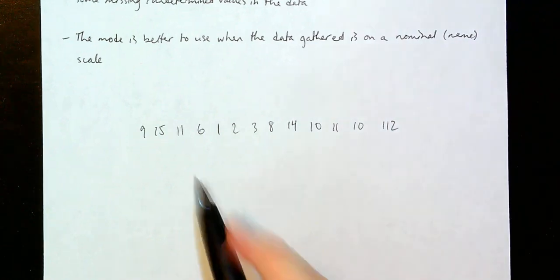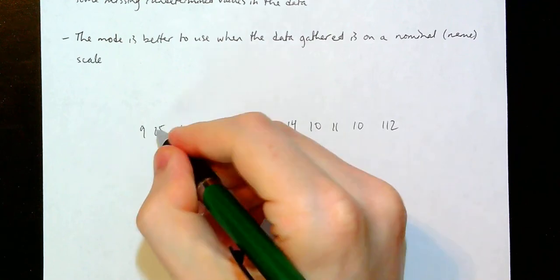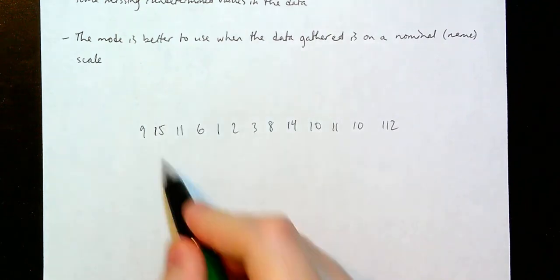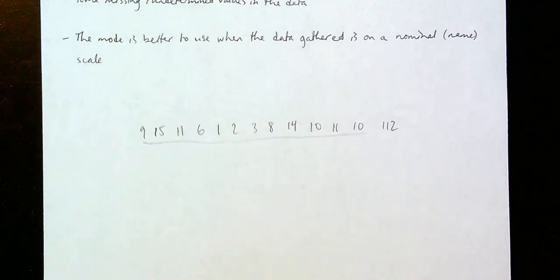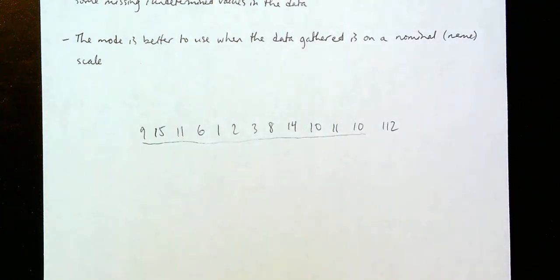All of these data values right here are staying fairly close to each other. We have numbers going from 1 to 15, and then we have 2s and 3s and 6, 8, 9, 10, 11, 14, 15. So those are all sort of staying within their own little group or their own little cluster.